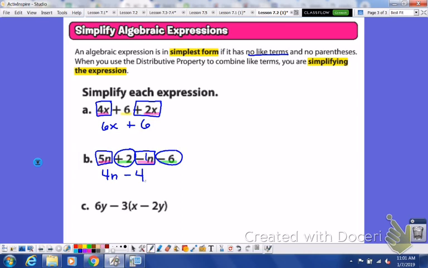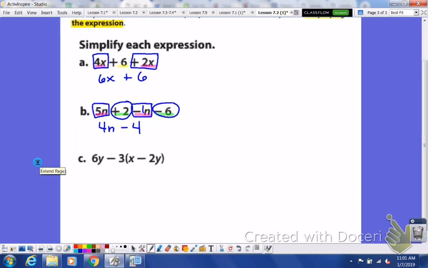Okay, now part C, the last one. This time I have parentheses, so I need to distribute. Watch your sign. I have a negative 3 that I'm going to distribute to each piece inside. So I have 6y, negative 3 times x gives me negative 3x, so minus 3x, negative 3 times negative 2y, remember negative times negative makes it positive, so plus 6y. Go through now and check for like terms.